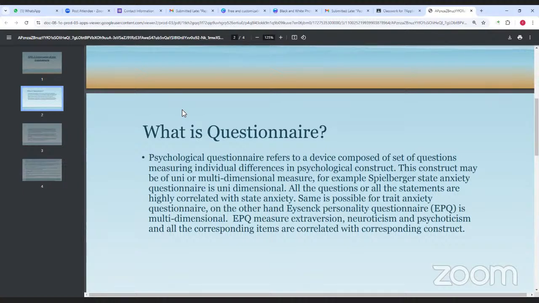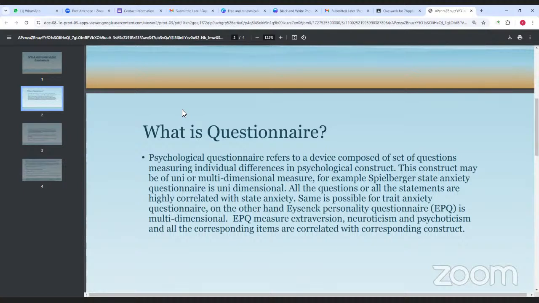For example, the Spielberger state anxiety questionnaire is unidimensional. All the statements are highly correlated with state anxiety. The same is possible for the trait anxiety questionnaire.